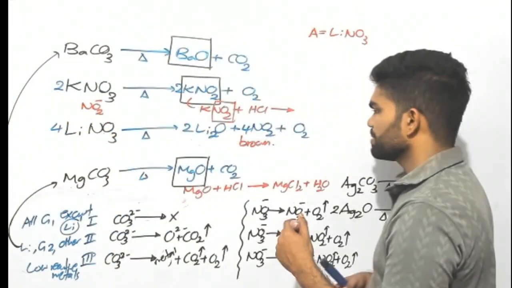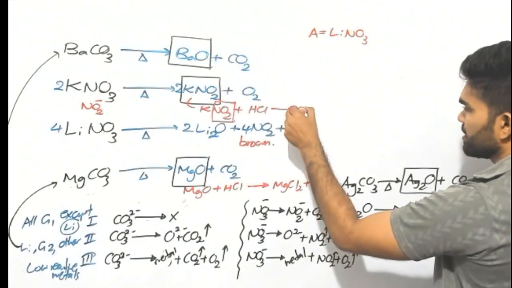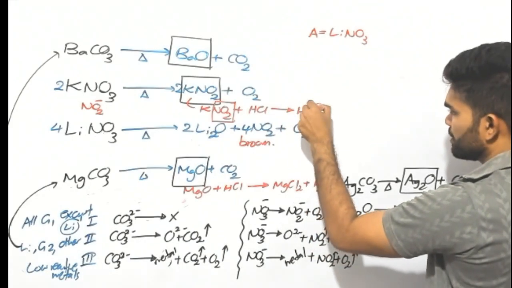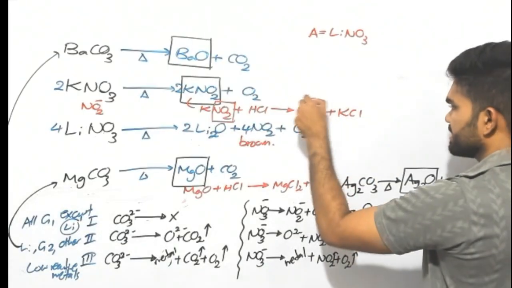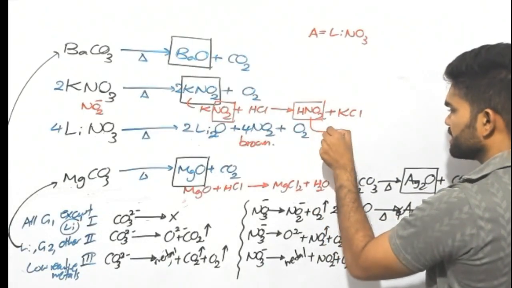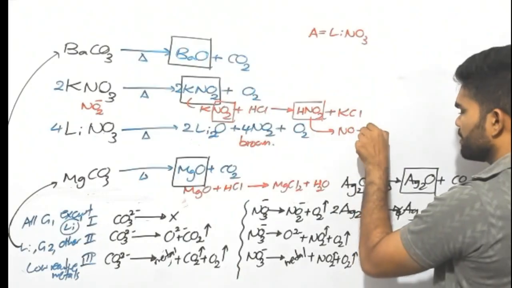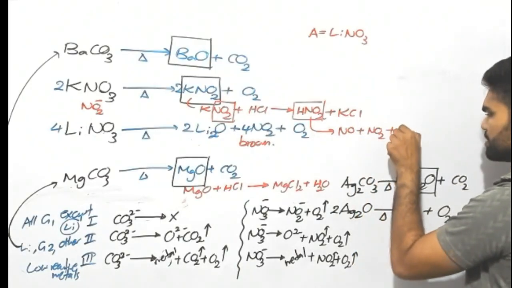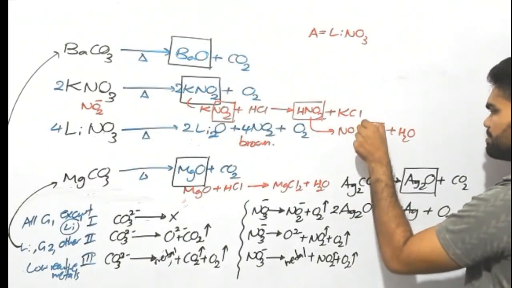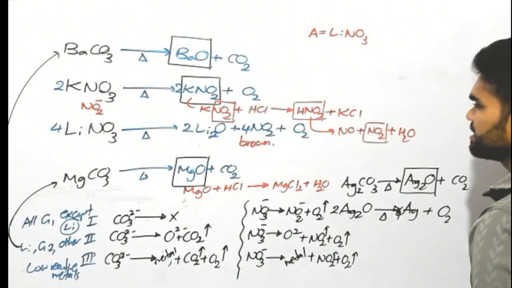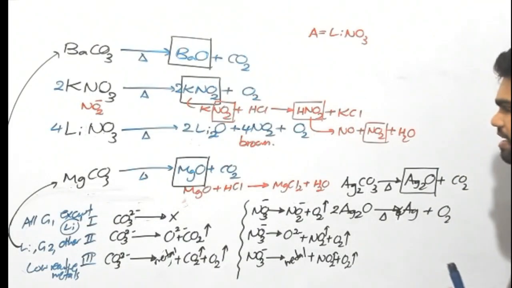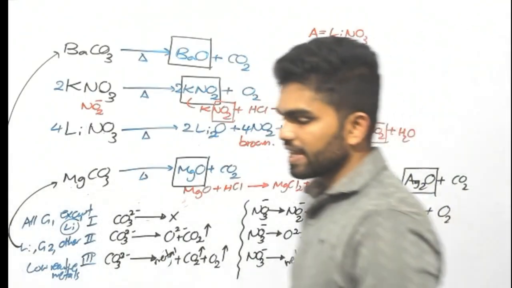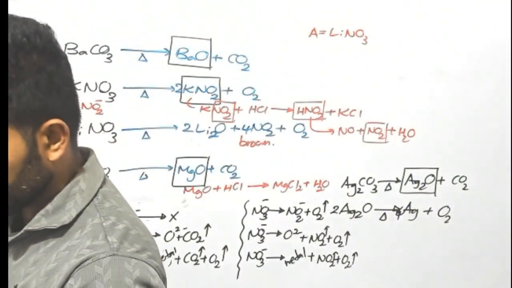So what would be that gas? We can write it as HNO2 and KCl. And that HNO2 is unstable, it is going to give you NO, NO2 and water. So this NO2 is the brown color gas that we discussed here. So that means that salt must be KNO2. So look at the note again.